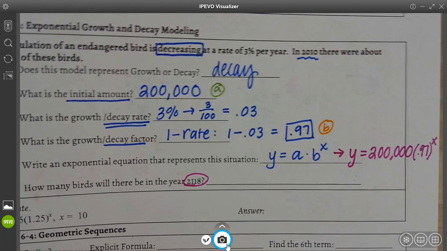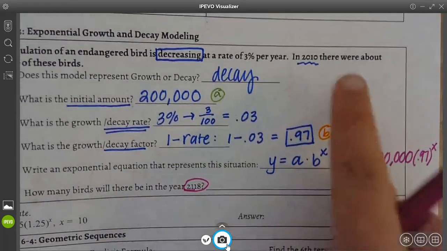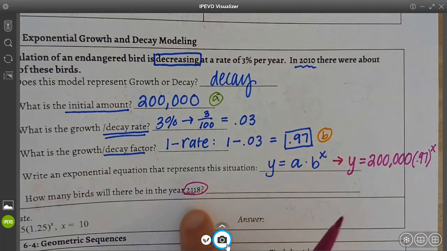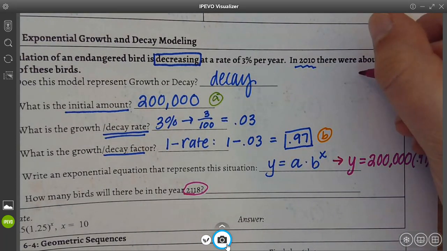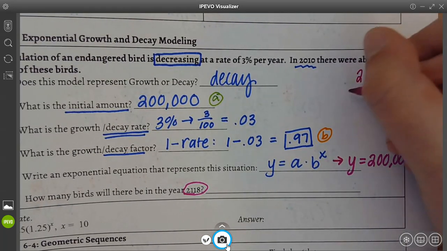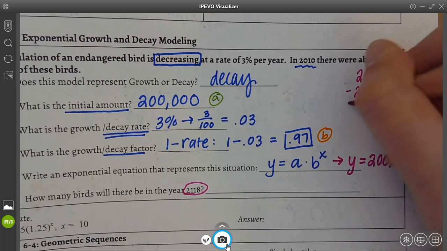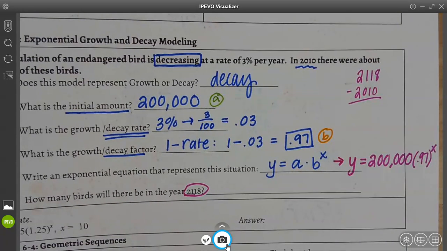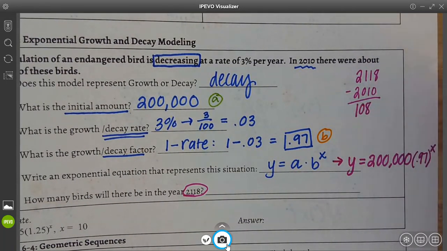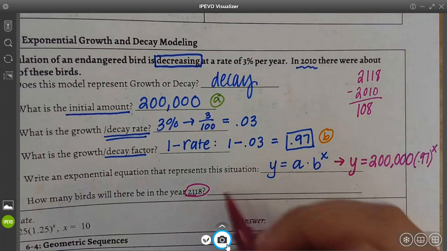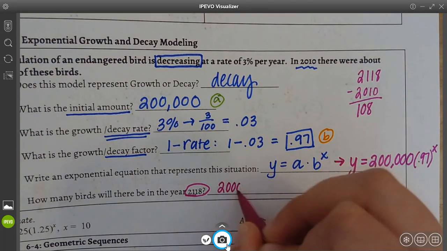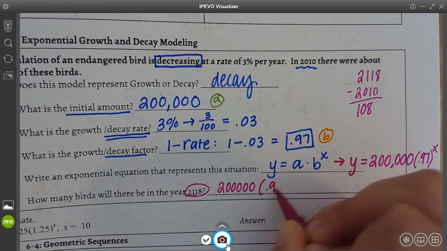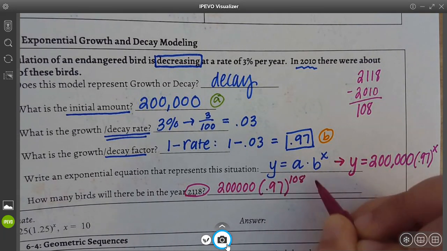That is going to be a good point to talk about. We're starting in the year 2010, and we want to find the population in 2118. So we want to calculate how many years is going to pass in that time frame. So I'm going to subtract those two numbers, and I get 108. I just said that, but that's important to note because we're going to use our equation to help us find it. That's 200,000 times 0.97 raised to the 108 power.